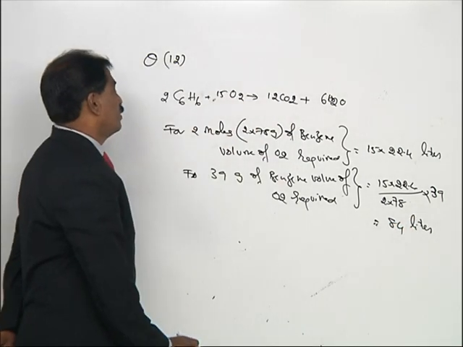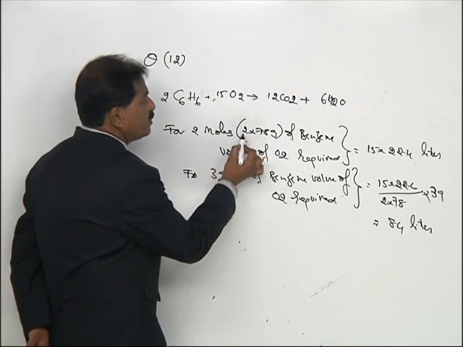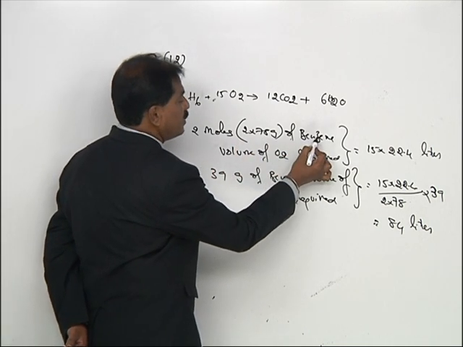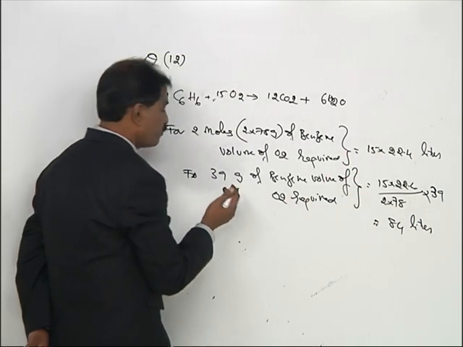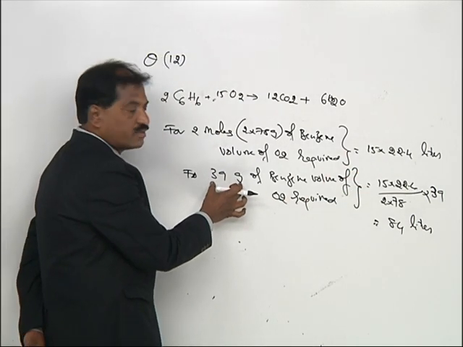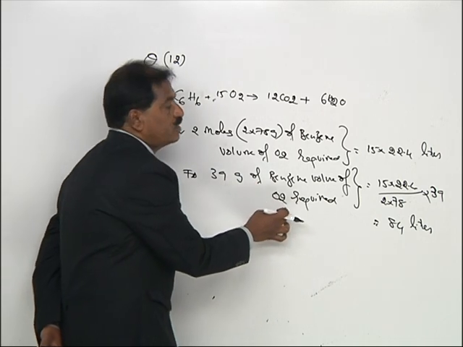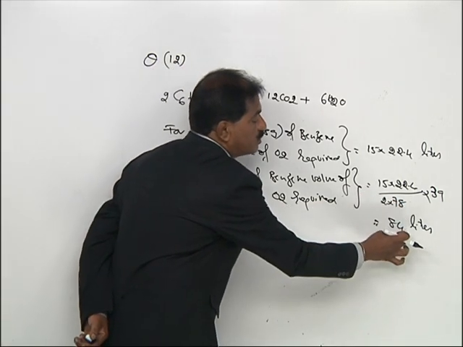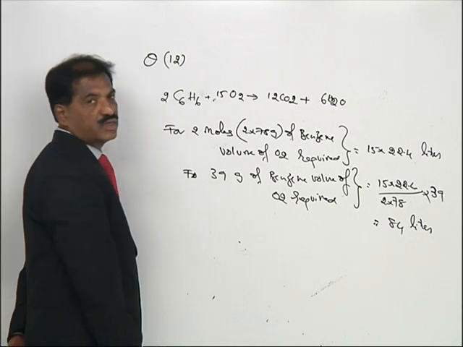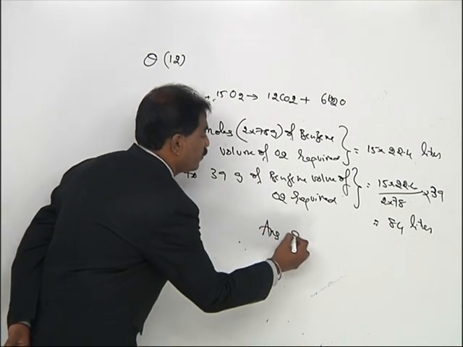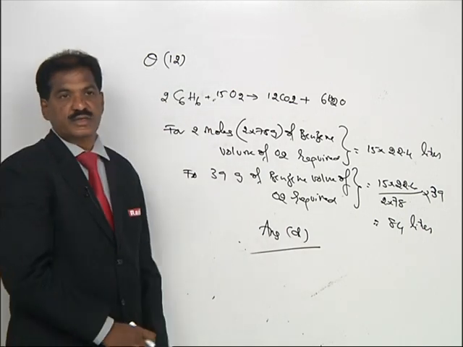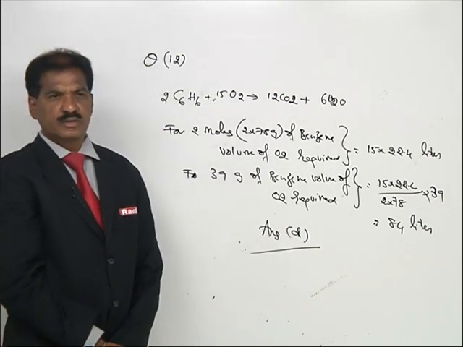So for 2 moles of the benzene means 2 into 78 grams of the benzene, volume of the oxygen required is 15 into 22.4 liters. For 39 grams of the benzene, volume of the oxygen required is this is the calculation. Therefore total amount of the oxygen required is 84 liters. Therefore answer is D. Answer is D. Okay.